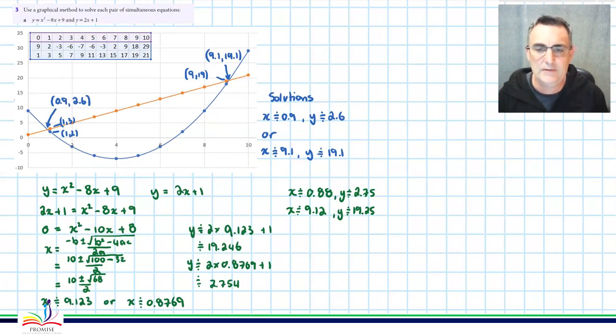And the x of 9.1 was close to 9.12, and then 19.1 is not that close to 19.25. But we did okay. That shows you two techniques: what the question asks plus solving with the quadratic equation. And you can see that solving graphically is not that accurate. We can't be more accurate than just the units place in this particular case, if we're lucky to the first decimal place. That's it.